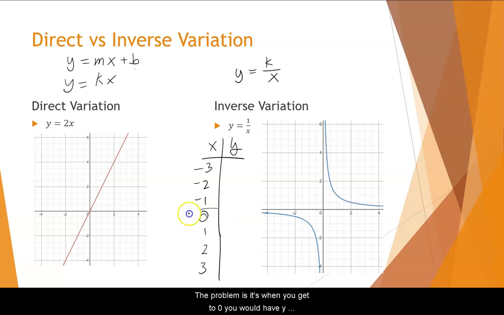The problem is when you get to 0, you would have y equals some number divided by 0. That's undefined. So it's helpful for your x values to plug in things like -1/2, -1/3, -1/4, and do the same thing on the positive side. That will get you this graph right here.